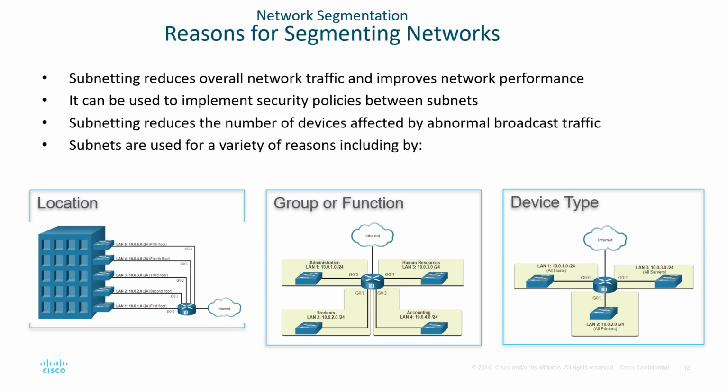And I could also subnet according to device type. So I can have all my LANs in one, all the servers in another, and all the printers in another. So how you subnet and the reasons for subnetting are a very personal choice within the organization itself.